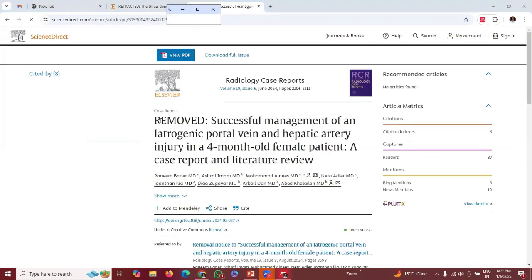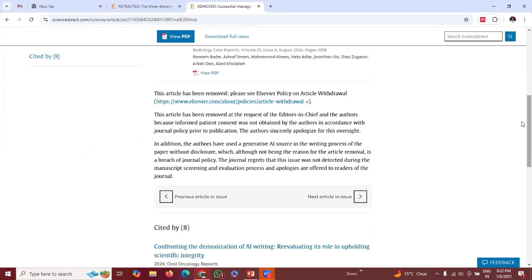The paper is removed. It is a case study, and the reason is mentioned here: the authors used AI sources in the writing process. It means if we start using AI tools, we have to take care of many things.